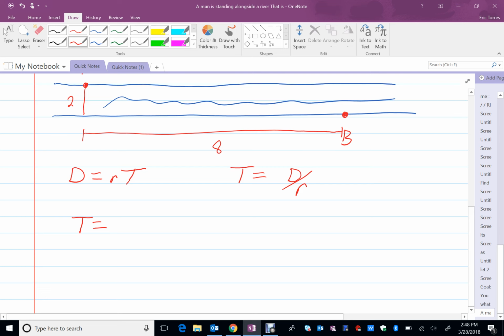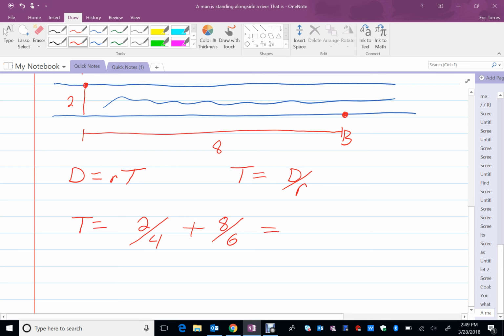So, let's talk about the first situation. He has a distance to row the boat that's 2 miles, that's fixed if he goes straight across, and he can row his boat at 4 miles per hour. So that's the time it'll take him, 1/2 hour, to get across the river. And then he can run down the bank. He has a distance of 8 miles to go, and he runs at a rate of 6 miles per hour.